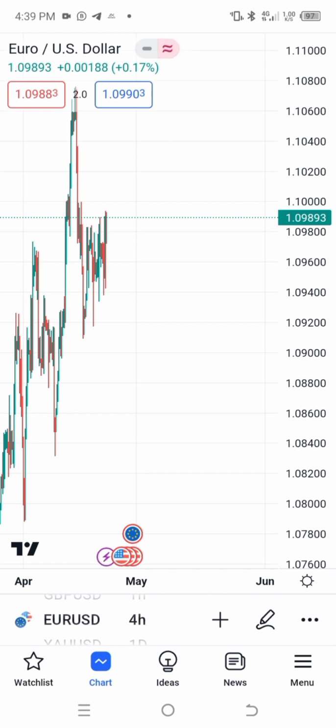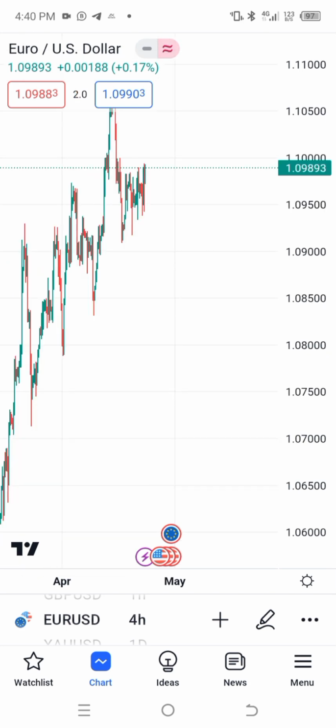In this video I'm going to be documenting 5 different sets of currency pairs or trading pairs that move in the same direction. The purpose of documenting these videos is that I see many traders going long in one trade and going short in another.